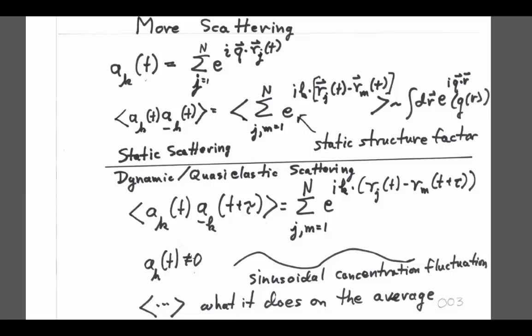What our detector sees is a single spatial Fourier component of the concentration fluctuation across the whole system. And what the ensemble average tells us is what happens on the average as time goes on. So we start out with a concentration fluctuation at time t, and by the time we get to time t plus tau, on the average the fluctuation has tended to relax. That's what our dynamic scattering does.